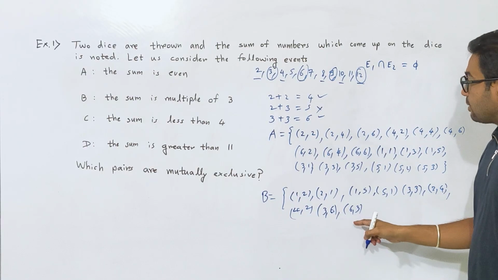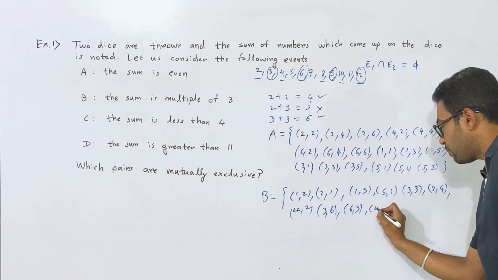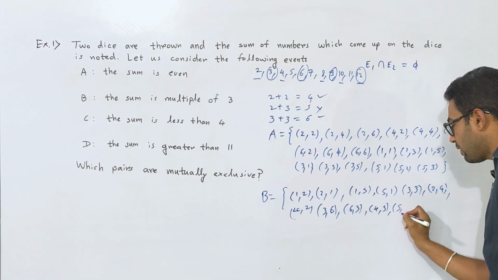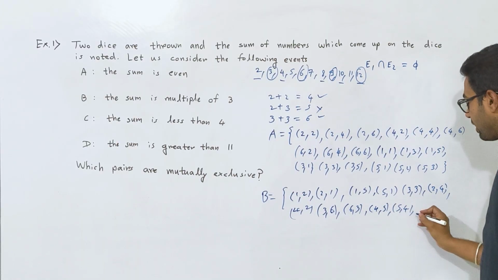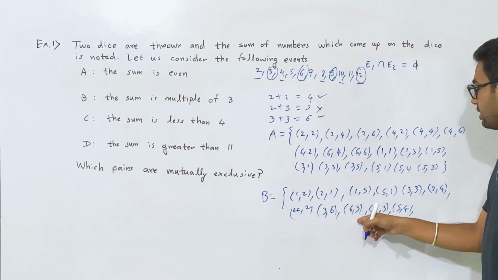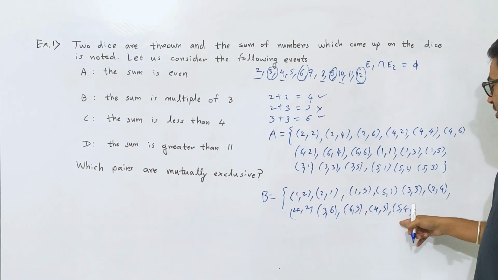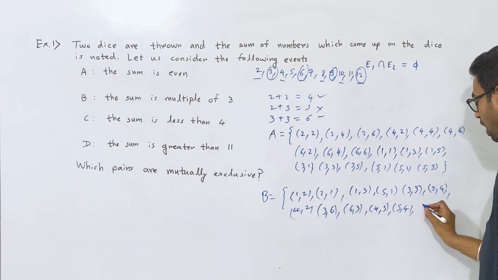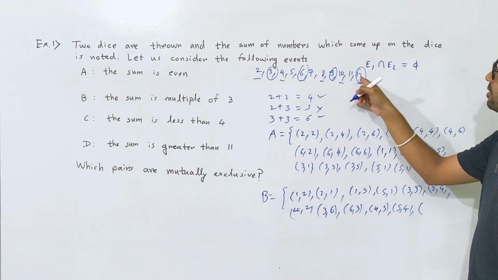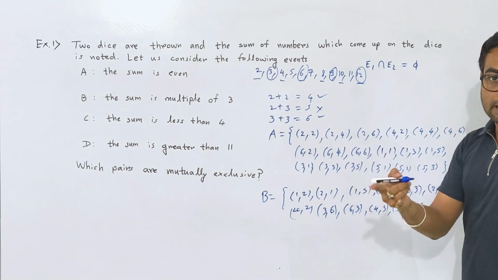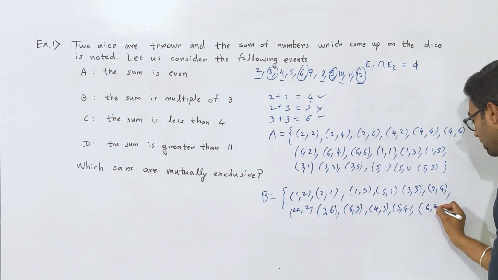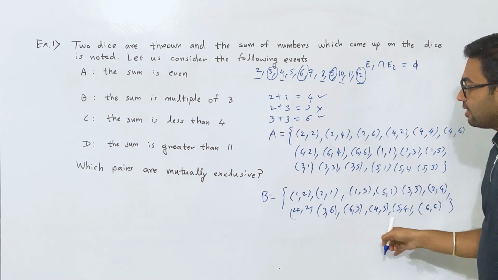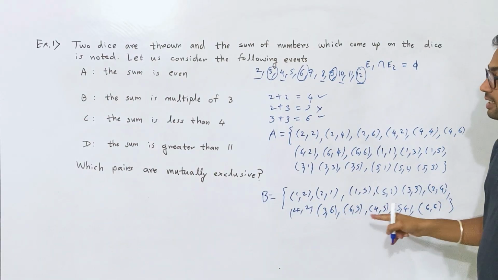Any other possibility? Yes, I can combine 4 with 5, and 5 with 4. Is there any other possibility for 9? No. Now I go for 12. How many possibilities are there for 12? 6, 6. That's it. So B is this event.